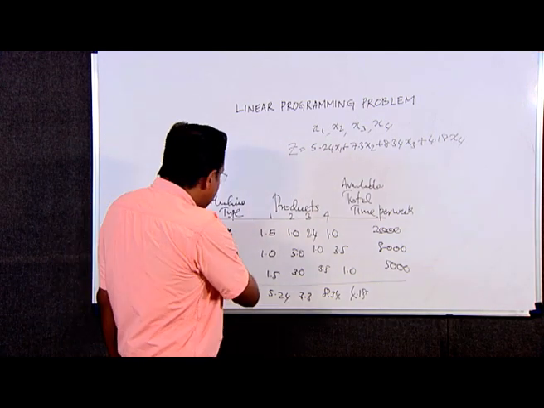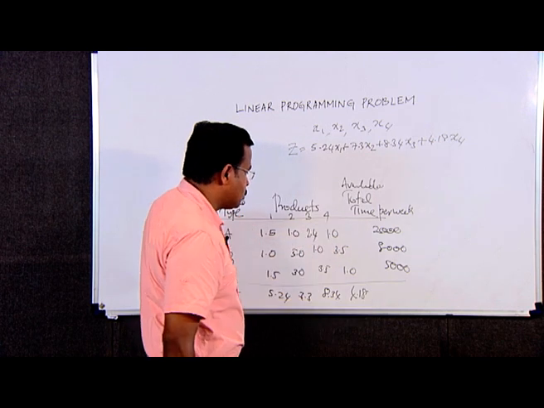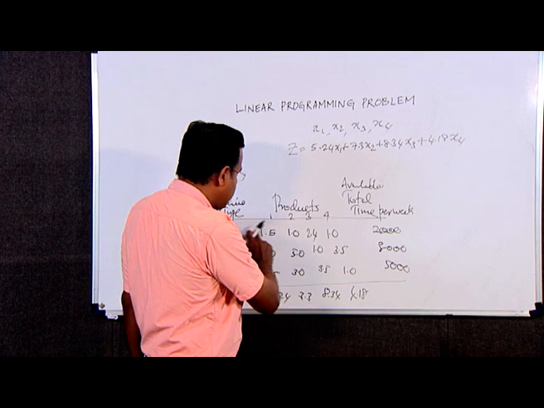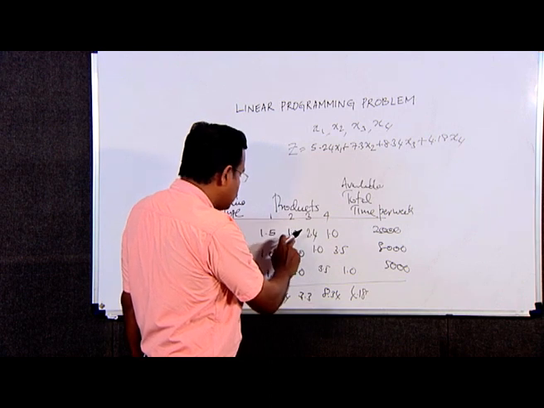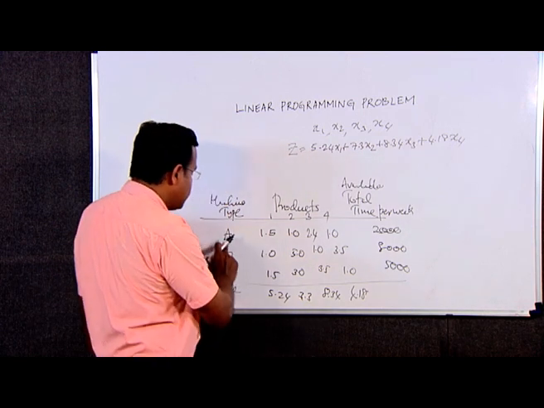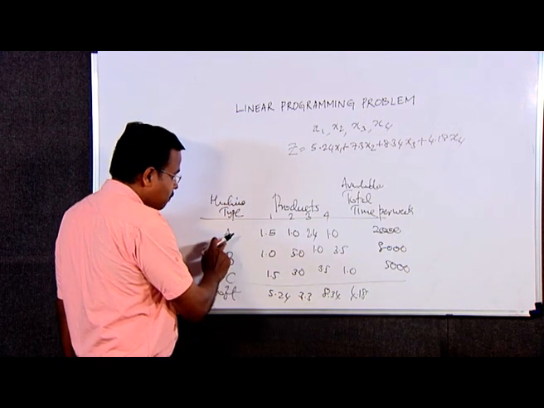So, the total available time of machine A per week is 2000. For product 1, 1.5 hours of machine A is required. For product 2, 1 hour, product 3, 2.4 hours and product 4, 1 hour of machine A is required.